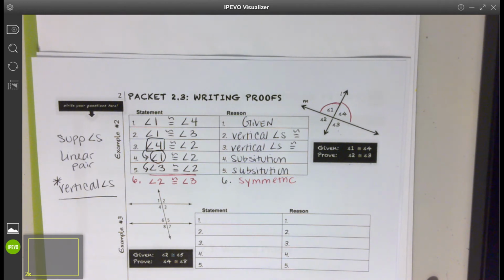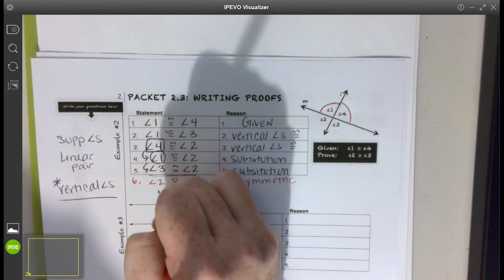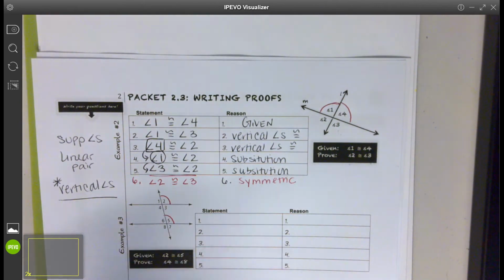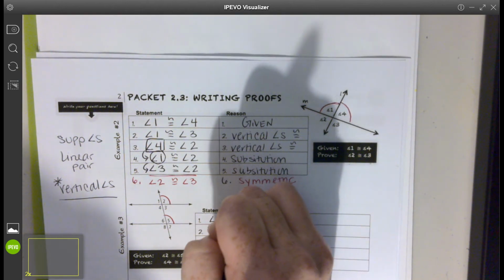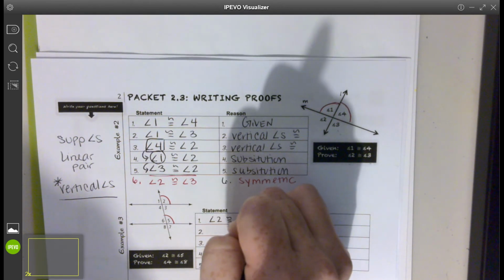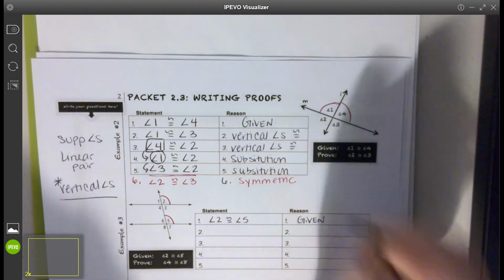All right, so we're going to try again in the next example. In the next example, we can see angle 2 is congruent to angle 5. Again, those curve markings show congruent angles. So I'm going to write that here. So angle 2 is congruent to angle 5. And that is given. Now, they give us a lot of angles here.